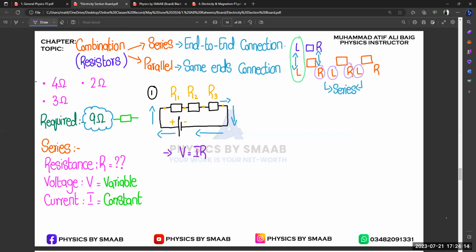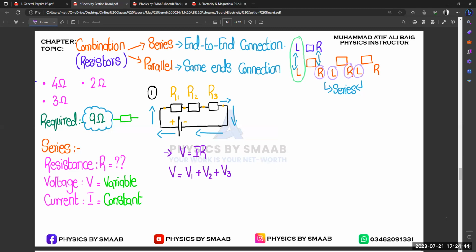And we know that voltage is variable, so our main concern is to find out the voltage, because we are already finding the value of R. Current is constant, and we have three resistors, so there will be three voltages, three potential differences, one for each resistor. So V will be equal to the individual voltage of the first resistor, the second, and then the third. In this way, you can easily calculate the value of V.